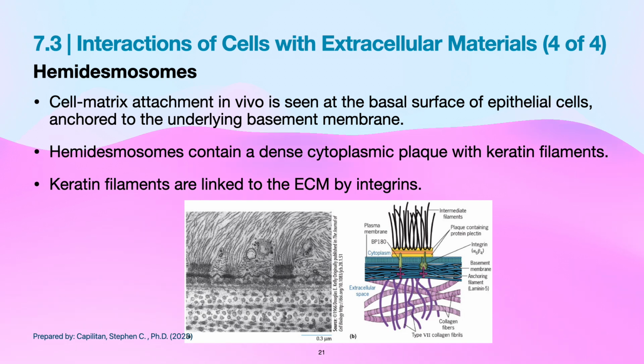The figure on the right is a schematic diagram showing the major components of a hemidesmosome connecting the epidermis to the underlying dermis. We have here the alpha 6 beta 4 integrin molecules of the epidermal cells that are linked to cytoplasmic intermediate filaments by a protein called plectin, present in the dark-staining plaque, and to the basement membrane by anchoring filaments of a particular type of laminin.